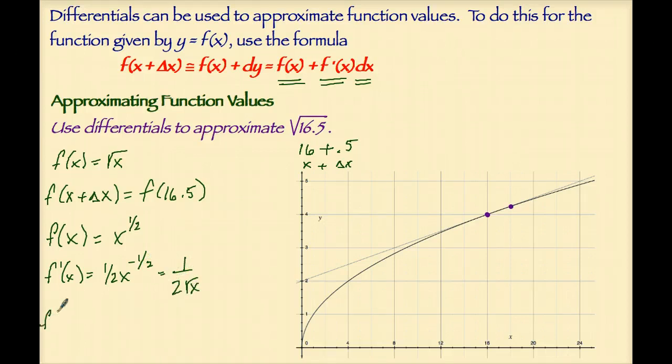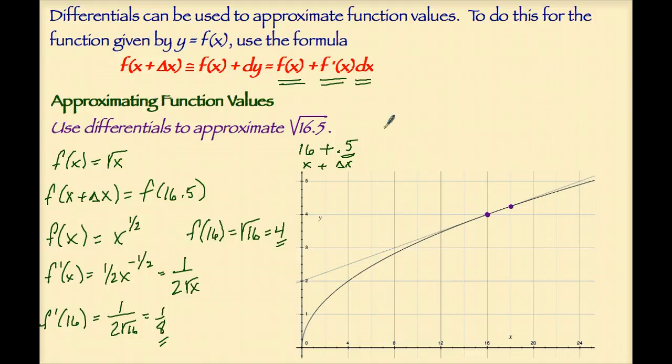We're going to need to know the first derivative at x equals 16, which will be 1 over 2 square root of 16, which is 1/8. We also need to know the function value at 16, which hopefully we do know. f of 16 is the square root of 16, which is 4. And of course, our differential we already decided was 0.5. So here are the three numbers we'll need: 1/8, 4, and 0.5.